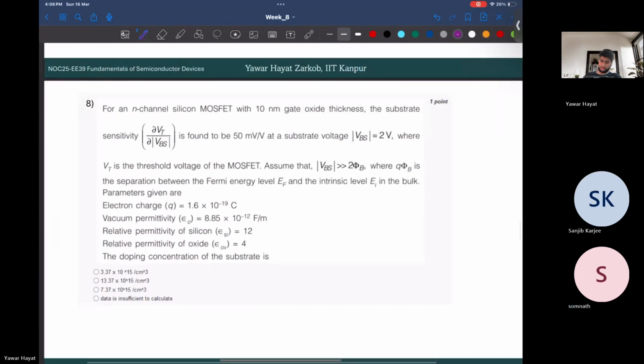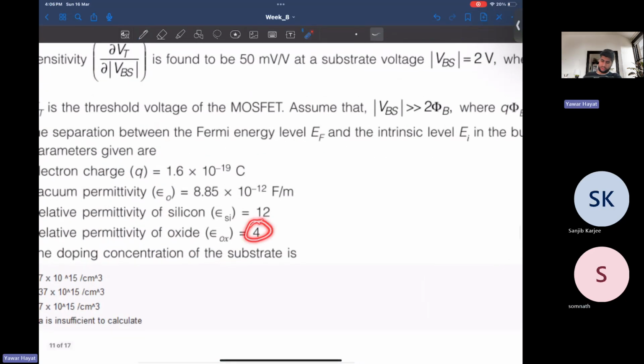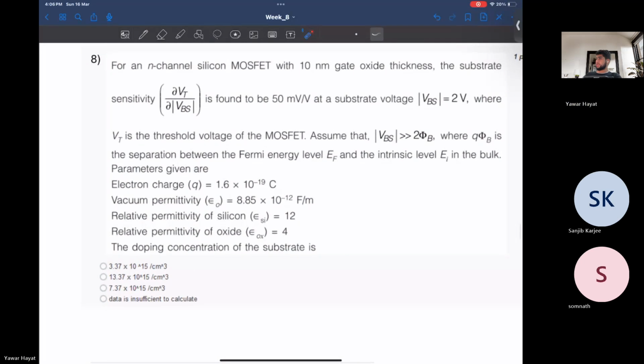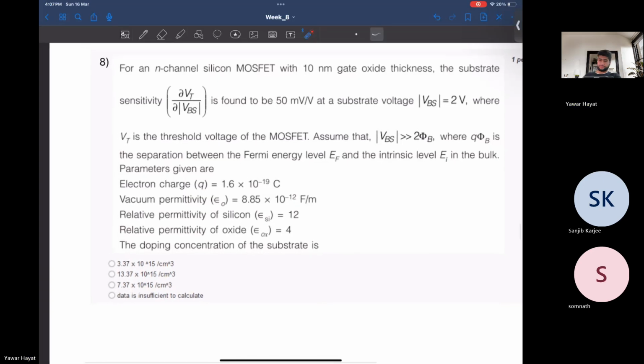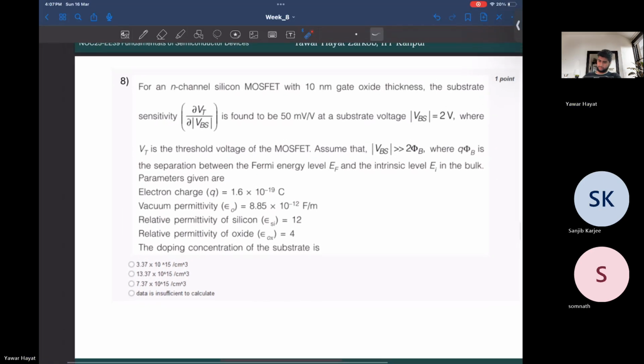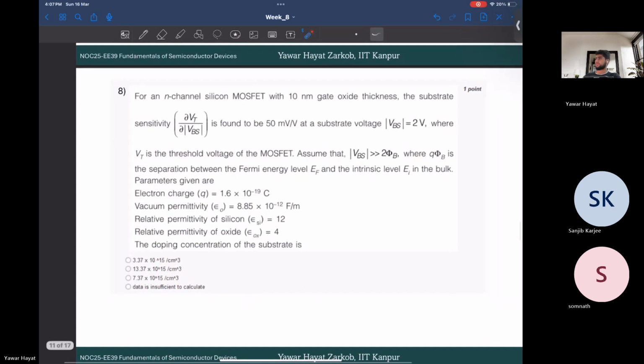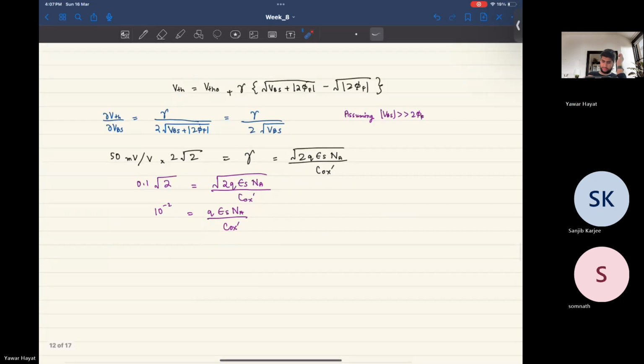And epsilon of oxide and the thickness of oxide should also be given. Is the oxide thickness given? Yes, sir, 10 nanometer. So we can write NA is equal to the expression.